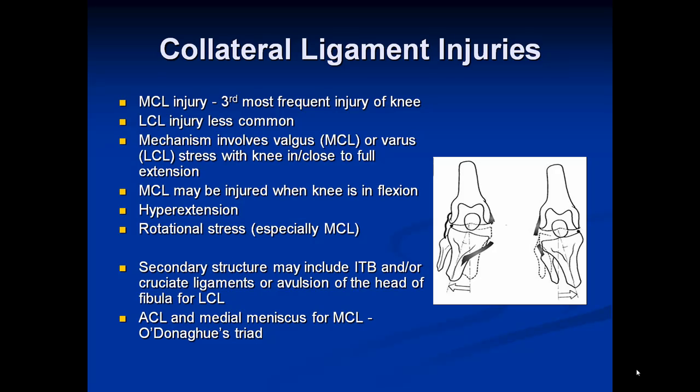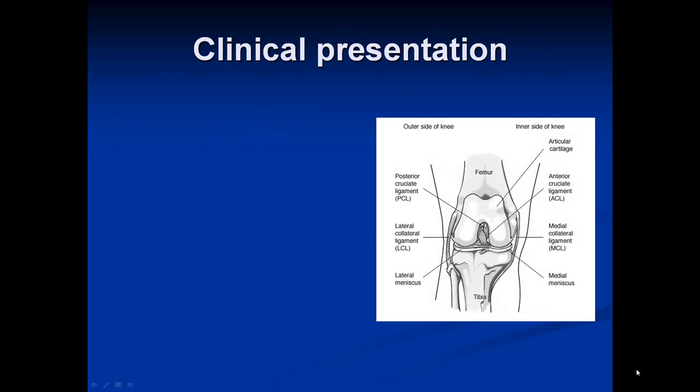Secondary structures which may be involved with collateral ligaments are the ITB and the cruciate ligaments, particularly with the ACL and MCL relationship, and avulsion of the head of the fibula for the LCL. The combination of ACL, MCL and medial meniscus injury is known as O'Donoghue's triad.